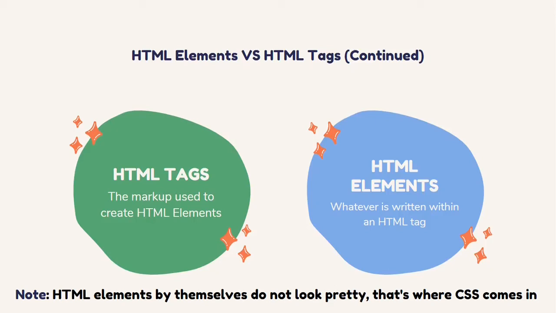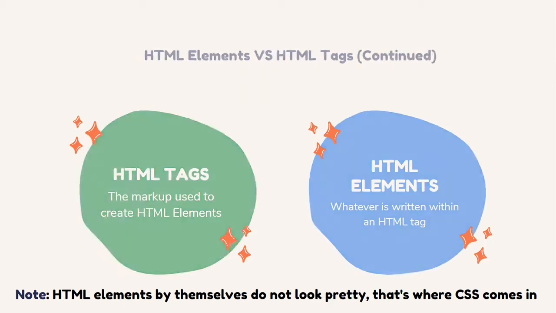And CSS, as I said before, is used to style HTML elements, and we'll be looking at that in the CSS section. So in this section, we're not going to be styling at all. So the web pages that we create are not going to look that good. However, it will give us lots of experience with HTML tags and elements before we get to the CSS section.